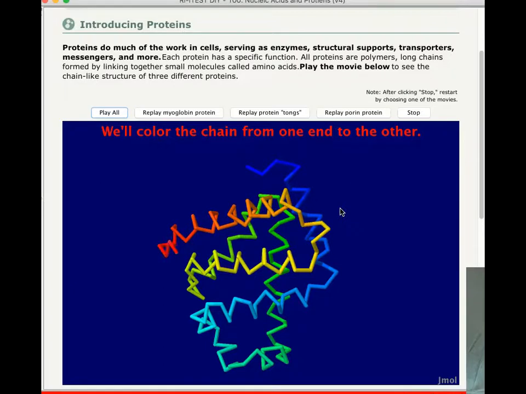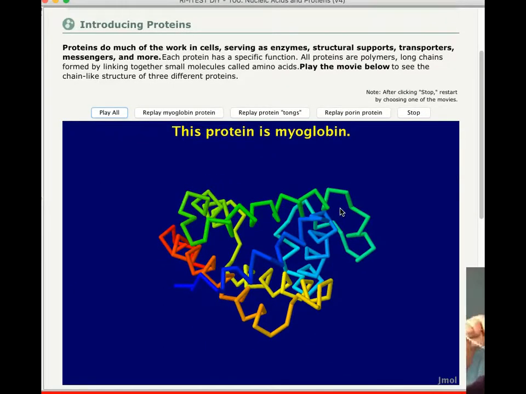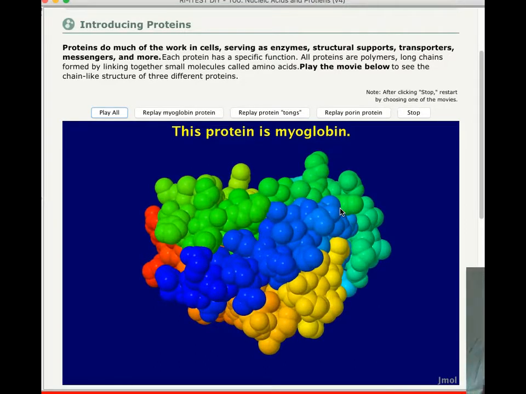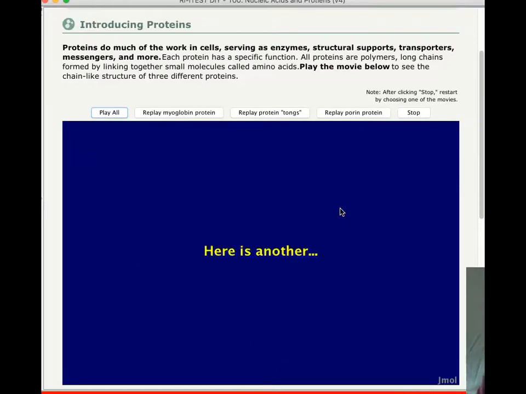Amino acids are the parts. They're like the beads in a protein chain. And sometimes they'll color code them. Myoglobin here happens to carry oxygen in muscle cells. It's one of thousands of proteins we rely on for life.